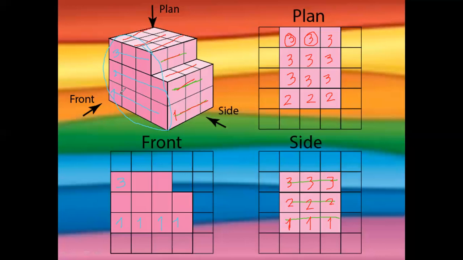This 4 here is number 1. This 4 is number 2. So this one here is layer 2, and of course this one 3 is the layer 3. Okay, so that is how to look at the plan, side, and front elevation of a 3D geometric shape, specifically cubes and cuboids.